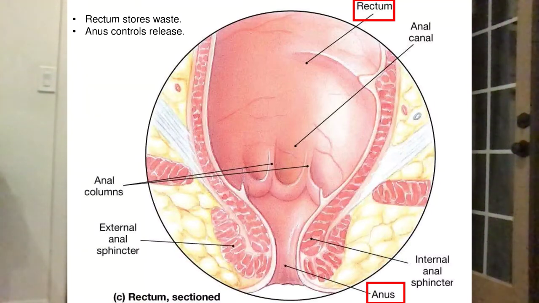So you can see there that there are two different sphincters. There's one on the upper portion of the anus, and the inner portion, those are called the internal anal sphincters. Looks like two, but it's actually a circular sphincter, right? It's just cut in half here.